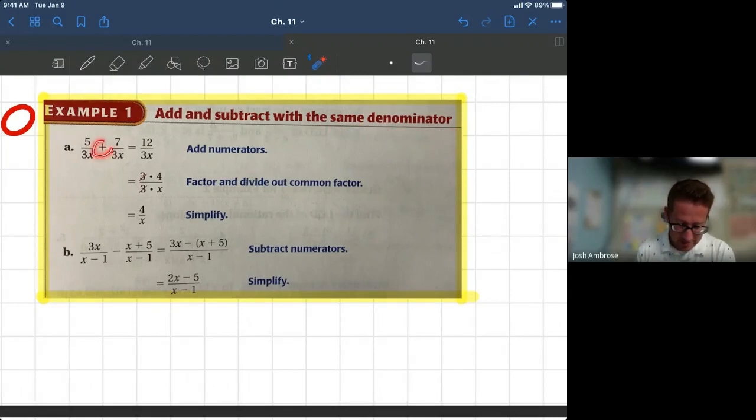We are adding, so that means we're finding the sum of 2 expressions. Both denominators are 3x. Great. So then we can proceed to immediately combine the numerators. So all you're looking at is a 5 plus 7. That's how you get 12. And if your denominator is already the same, then that denominator just transfers right into your answer of 3x.